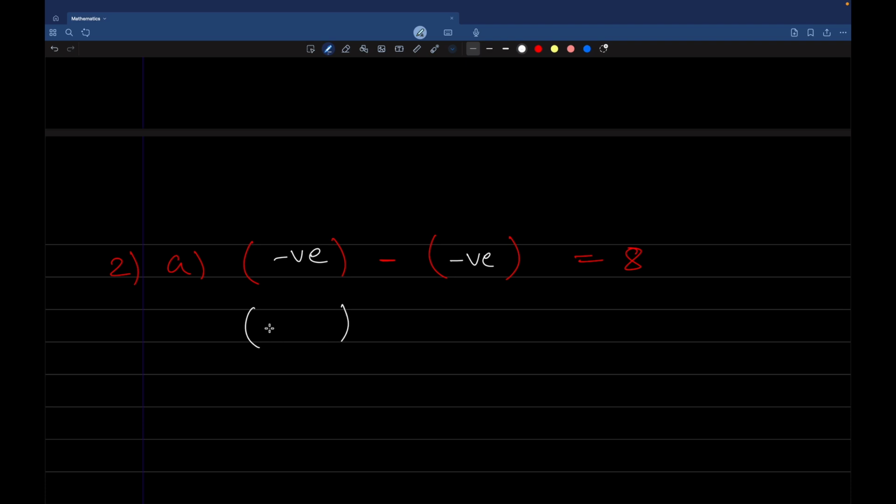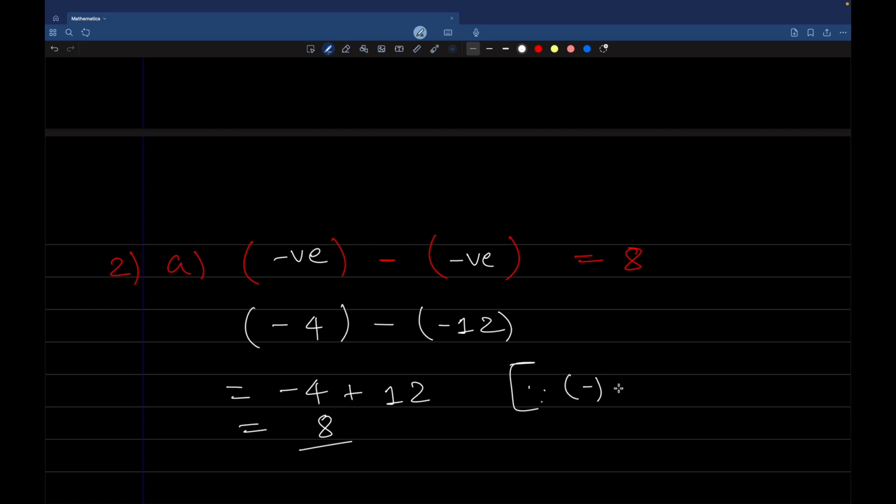We can take x equals to minus 4 and y equals to minus 12. You will get minus 4, minus into minus is plus 12, you will get 8, because minus into minus is plus.